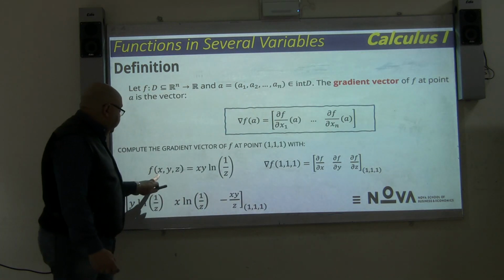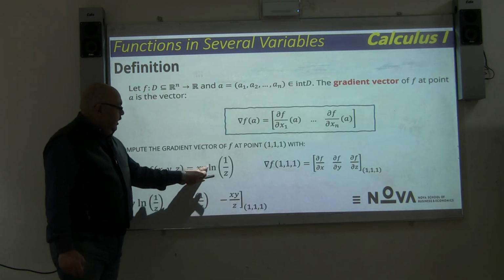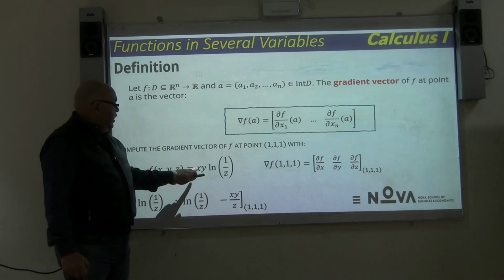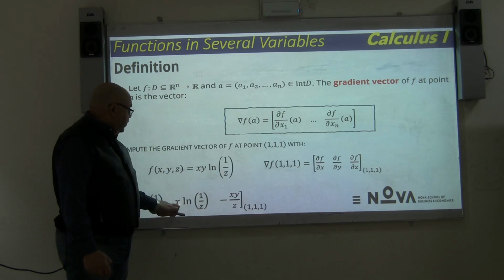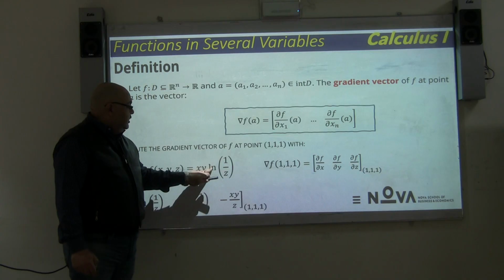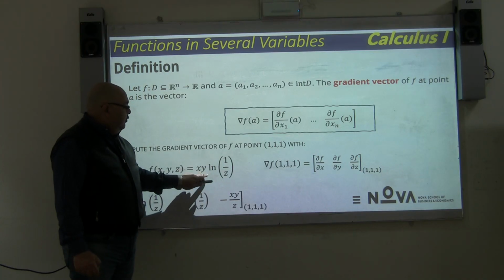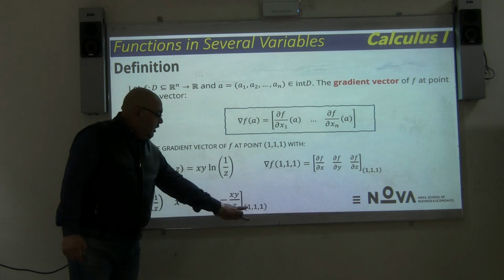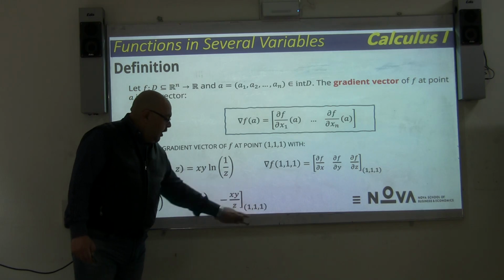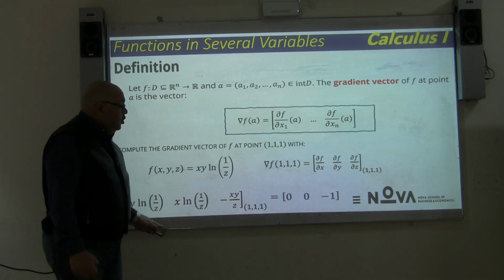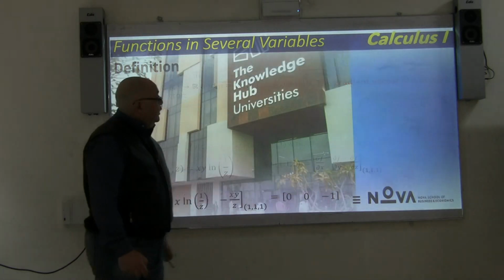The derivatives will be xy ln 1 over z, then x ln 1 over z, then differentiating the last one gives negative 1 over z. Substituting at 1, 1, and 1, you will end up with 0, 0, and negative 1.